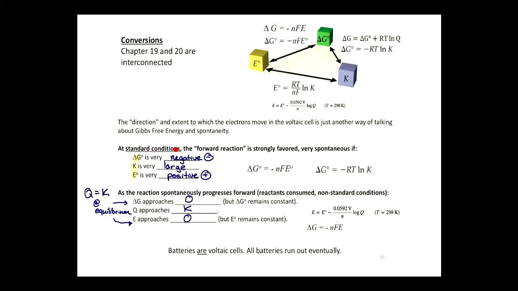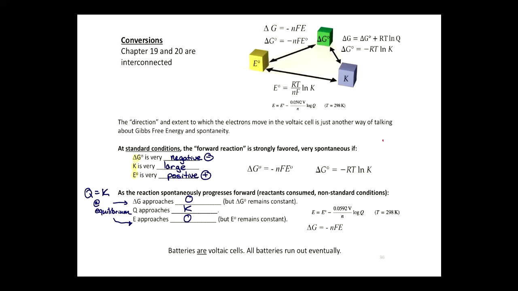Typically, when we're at standard conditions and we use those table values, the forward reaction is very favored, very spontaneous if delta G naught is a negative number. Typically, that means that K is very, very large, or your cell potential is a very, very positive number. That all happens with spontaneous reactions, including redox reactions.